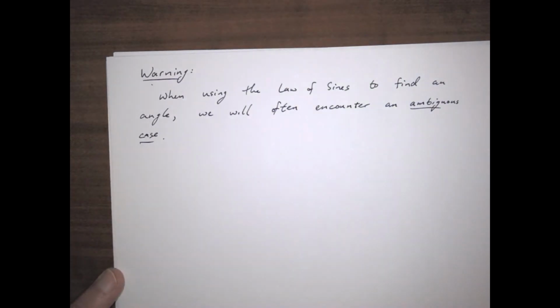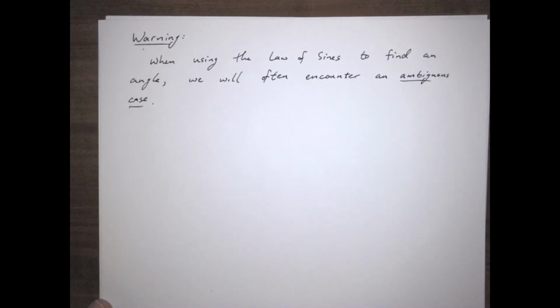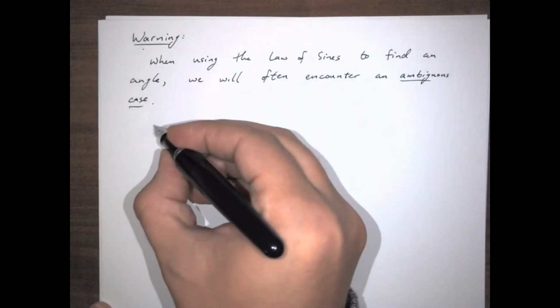That ambiguous case refers to the fact that the information that we have been given may be consistent with two different triangles, or possibly it's not consistent with any triangle at all. So there are 3 possibilities.